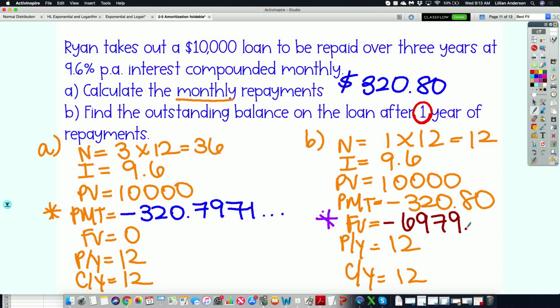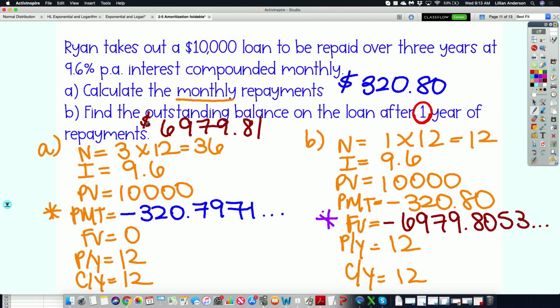Give me the rest before we go. 805319. So after 1 year of making $320 payments, Ryan will owe $6,979.81 left on the loan.